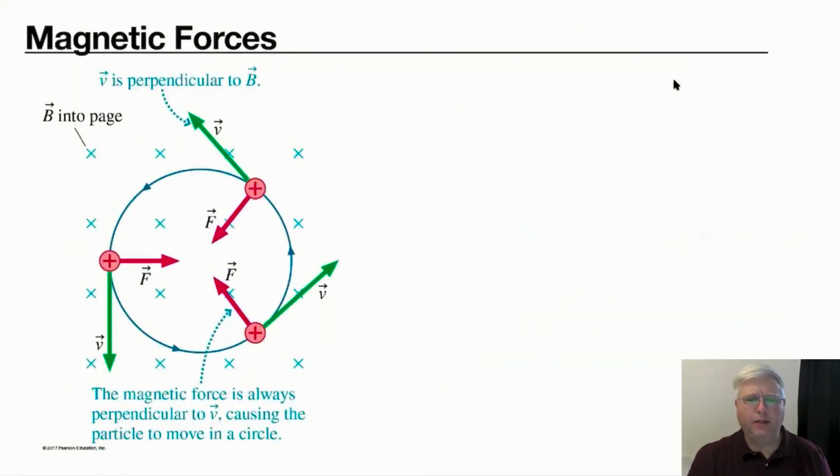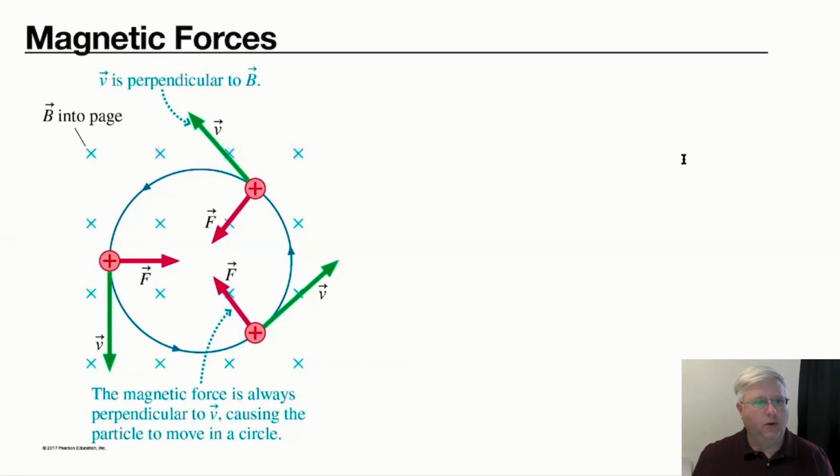So next, I just want to show you a couple of places where we see the application of these magnetic forces. Here, essentially what I took from the book, we see this positively charged particle moving in a magnetic field, and we can see by the X's that it's pointing into the screen.